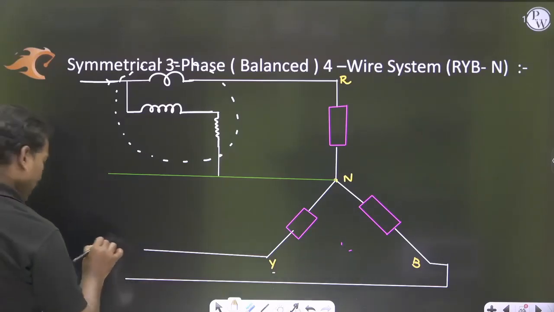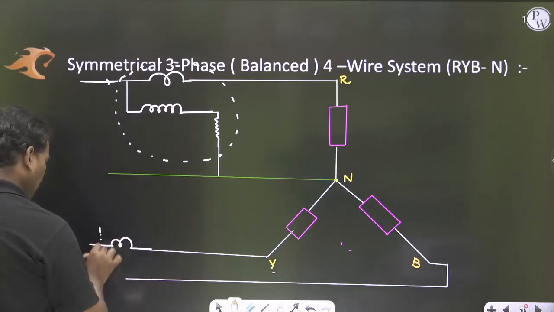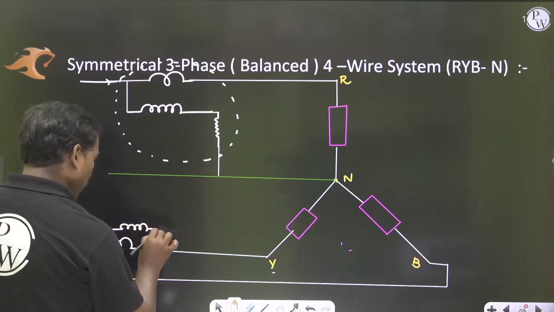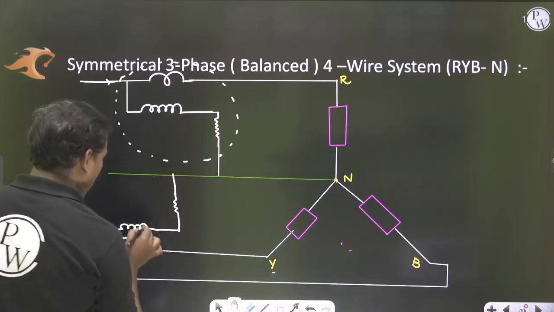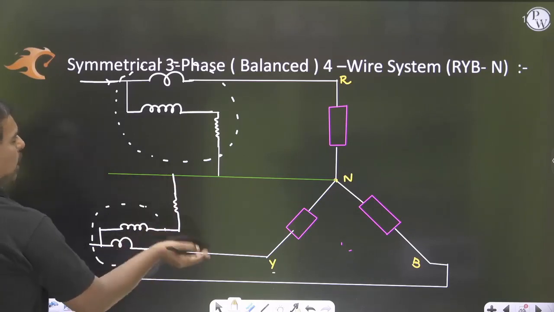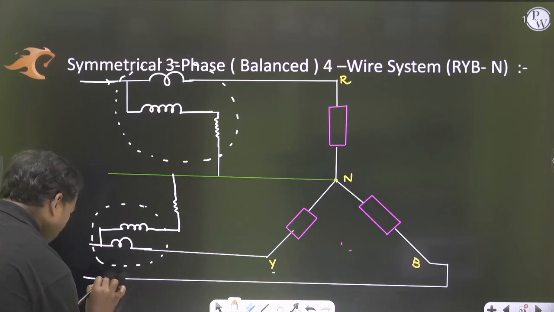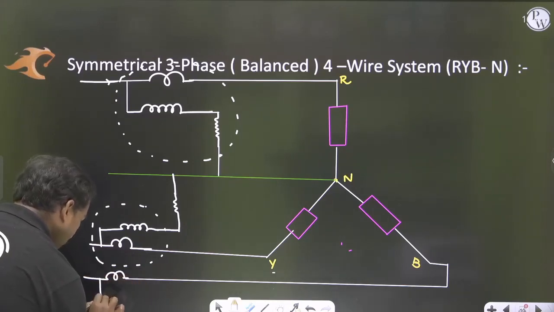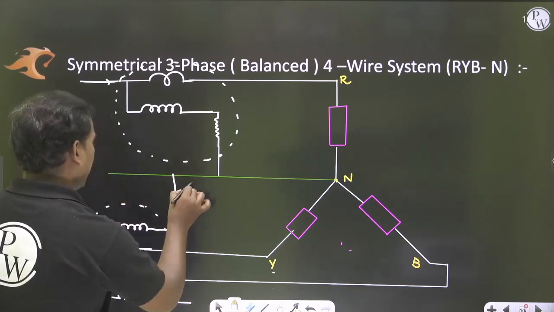One current coil here and one potential coil connected to the line. So this is another wattmeter which will give the phase voltage between the Y and the N. And the last one here, one current coil and potential coil, again I am connecting.